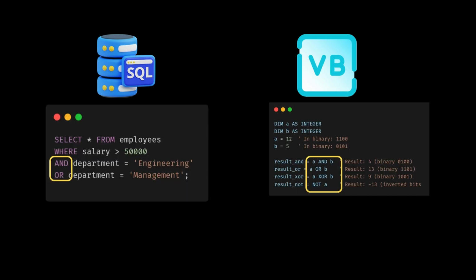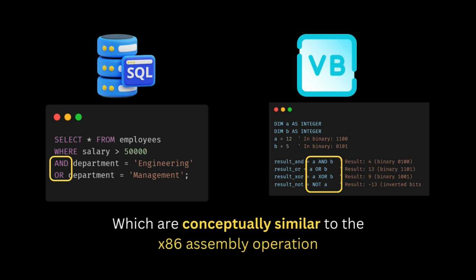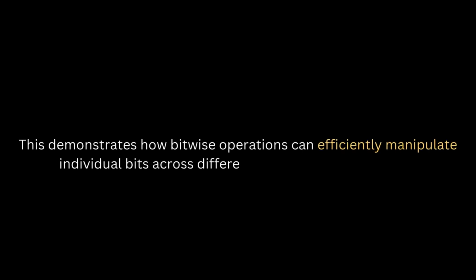In languages like SQL and BASIC, you might see keywords like AND, OR, XOR, and NOT, which are conceptually similar to the x86 assembly operations we've discussed. This demonstrates how bitwise operations can efficiently manipulate individual bits across different languages and platforms.